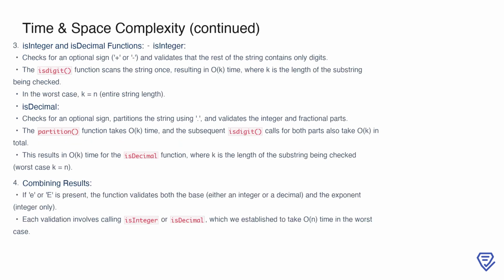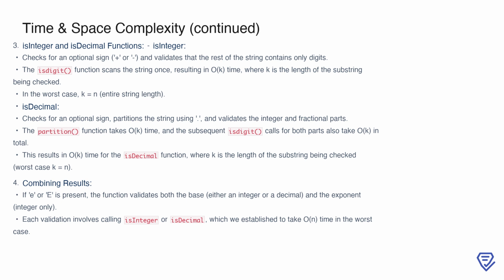Now, let's discuss the time complexity of the helper functions, isInteger and isDecimal. For isInteger, we check for an optional sign at the beginning and validate that the remaining characters are digits using isDigit. Since isDigit scans the substring once, the time complexity is O(k), where k is the length of the substring being checked. In the worst case, this could be the full length of the string, or O(n).